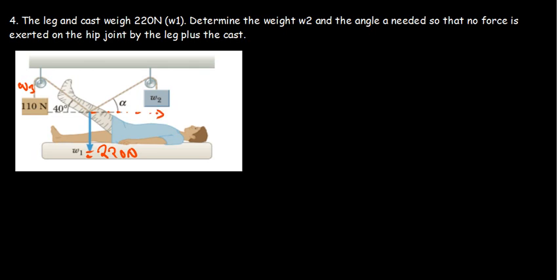Okay, then I'm going to do that. Meaning this one, 110, has got the x component and the y component. The same applies to the other one, W2, which has got the x component and the y component.